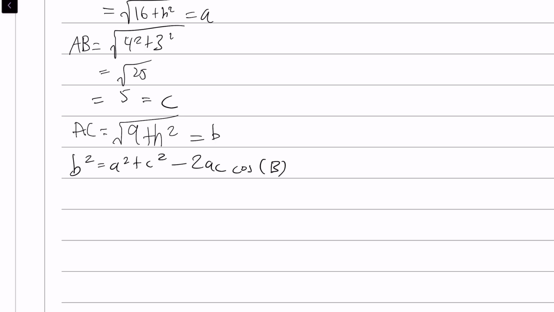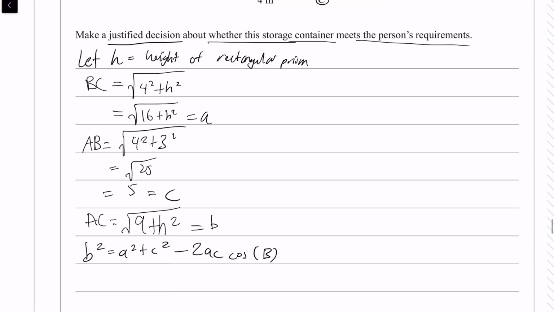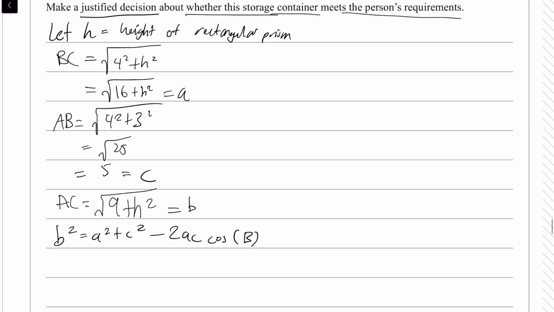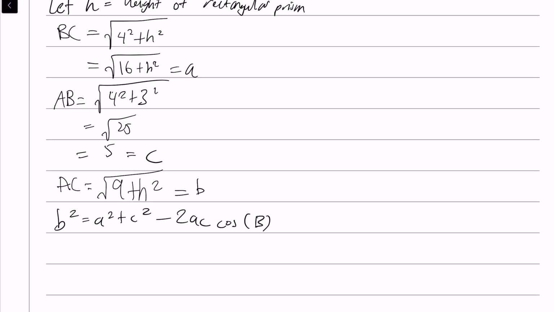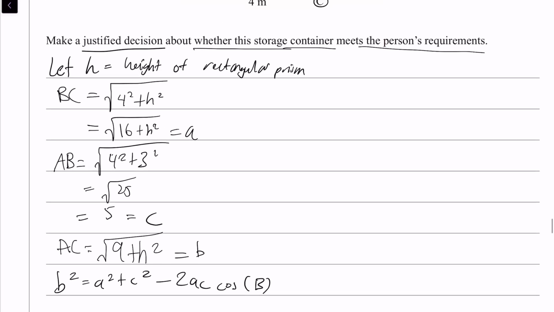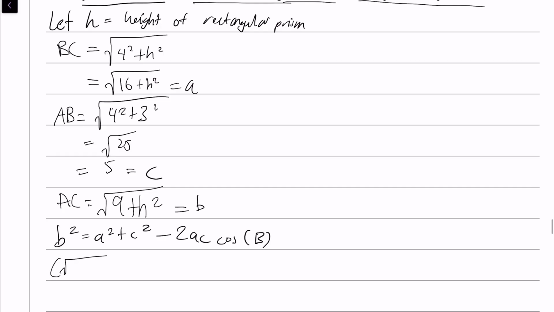Okay, and this may have been where I slipped up, but I won't slip up in this explanation. So we know our A, B, and C values, and our capital B is 60 degrees. Okay, so we're just substituting that in now. And what I like about this is that our square roots actually get canceled out most of the time.